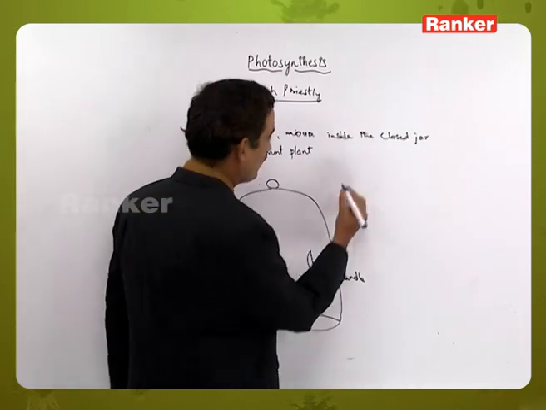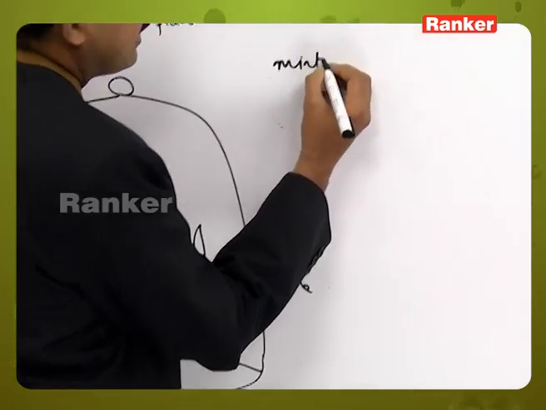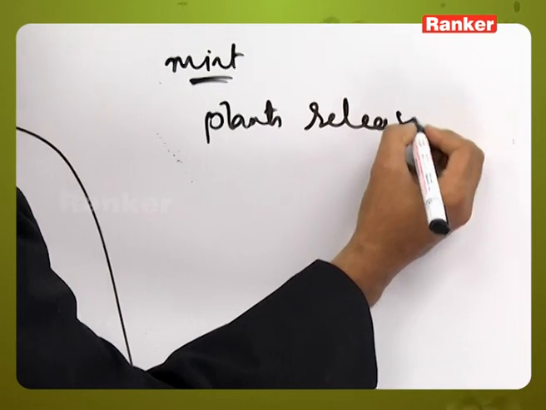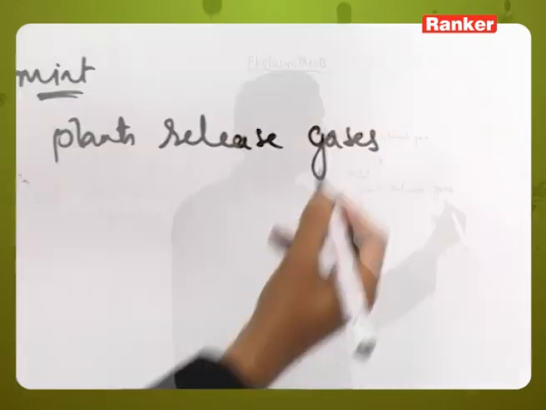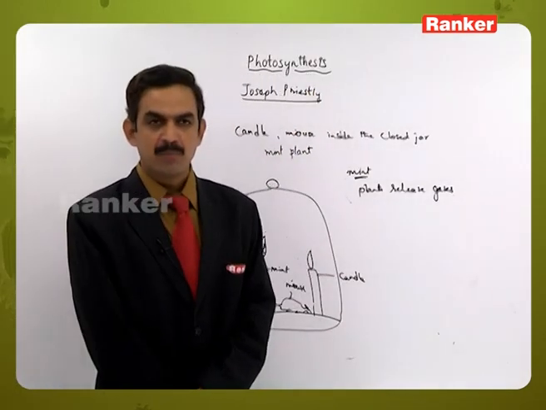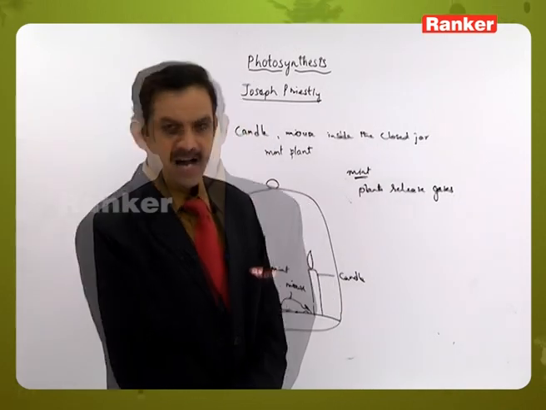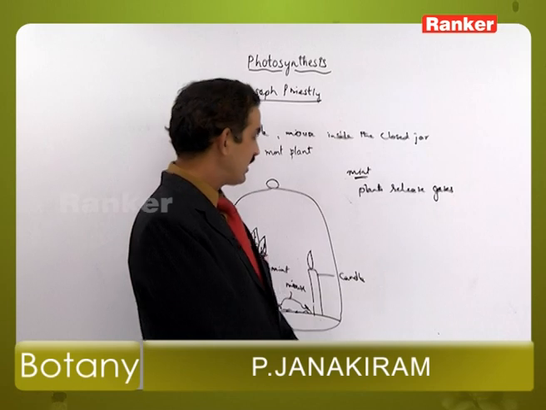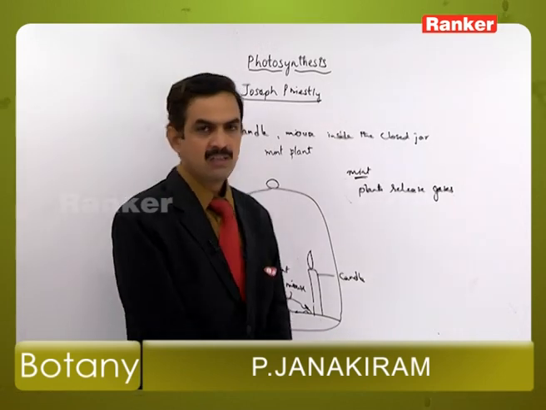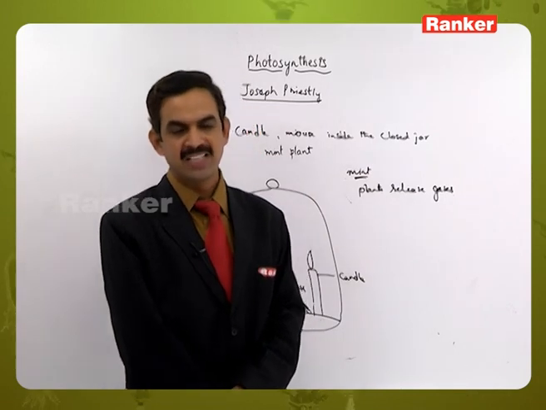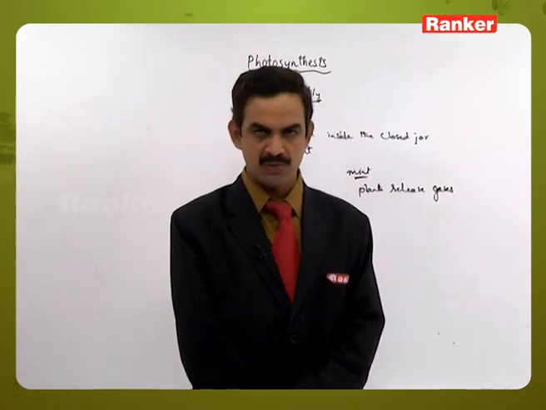So that shows that the plants release the gases which are damaged by the candle and animals like a mouse. So this shows that some sort of useful gas is released by the plants which helps in burning of the candle and also survival of the mouse.